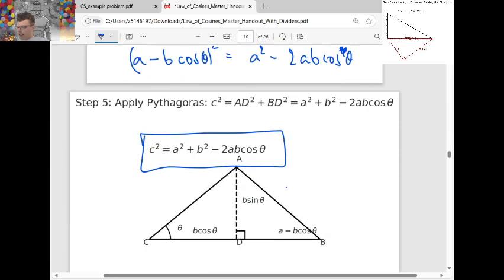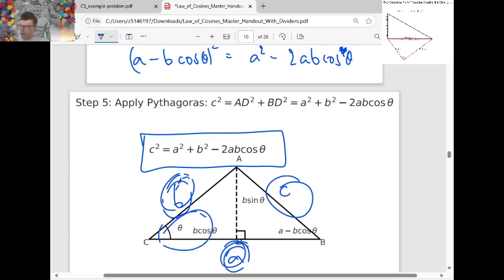Okay, so we're saying that this is c, and here is a, and here is b. All of a sudden we've got a whole new theorem which came out of nowhere, that this side squared, okay, equals that side squared plus that side squared minus 2 times that side times that side times the cos of theta. What the hell? How did that come out of nowhere, right?